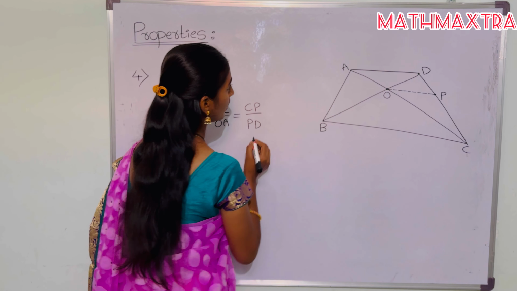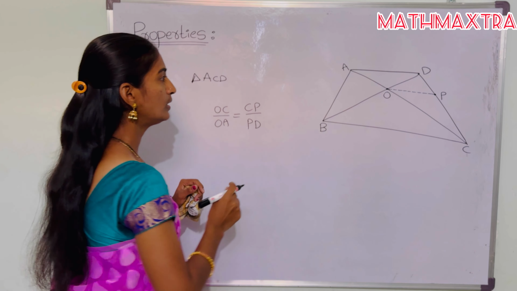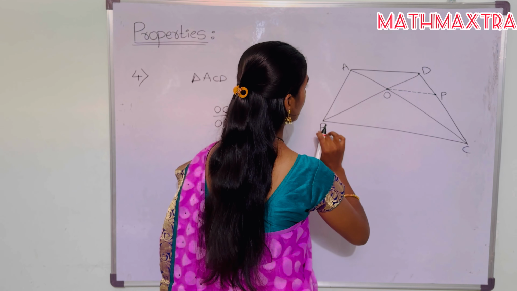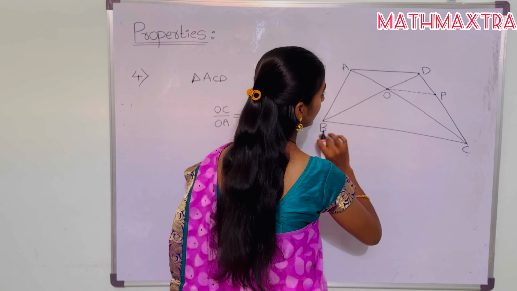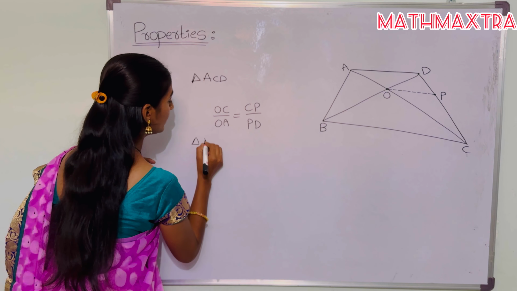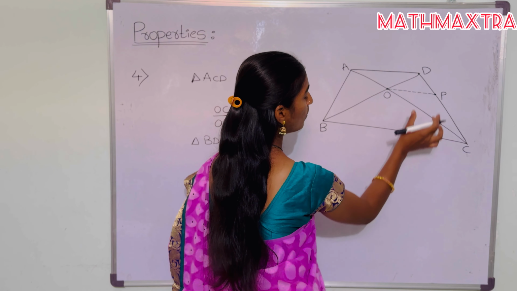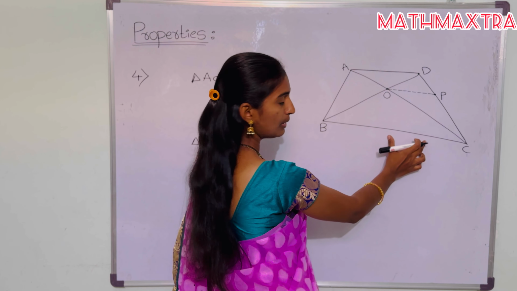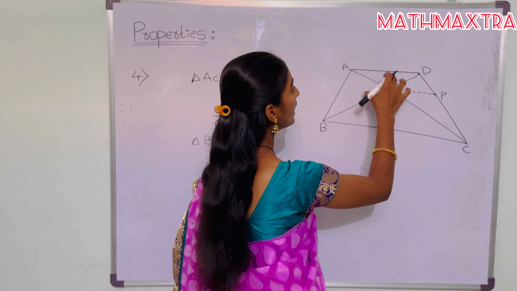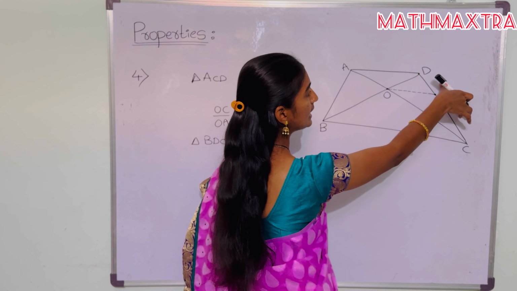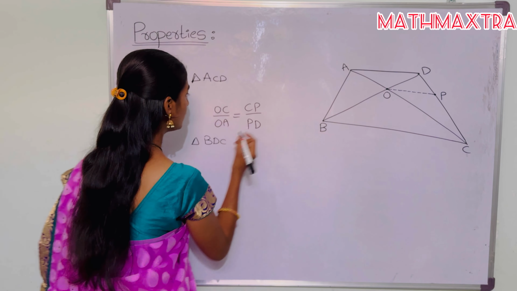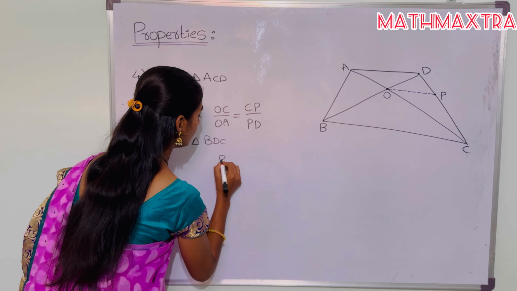Now you take triangle BDC. In triangle BDC, what happened? Same, this OP is parallel to BC and it divides BD and CD proportionally. So how can we represent it?